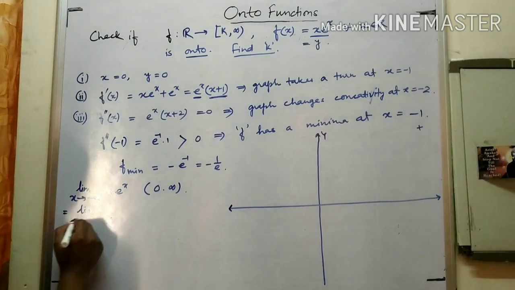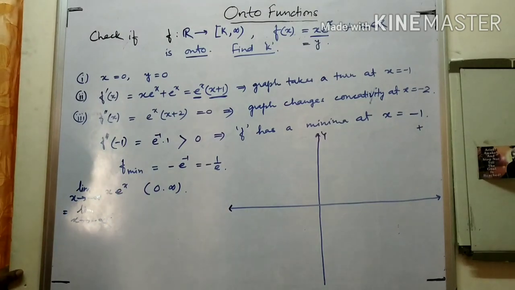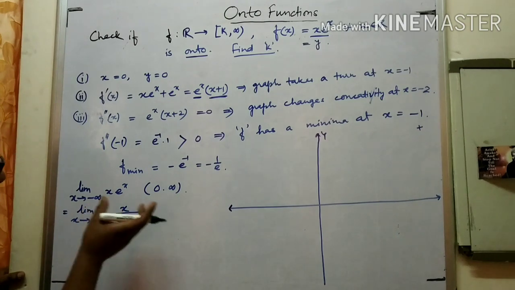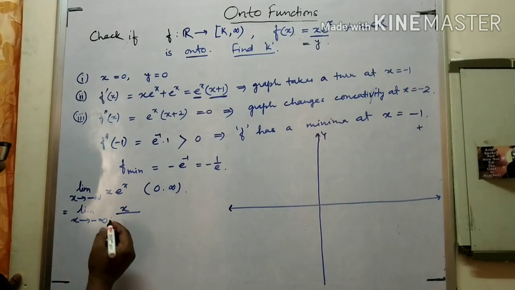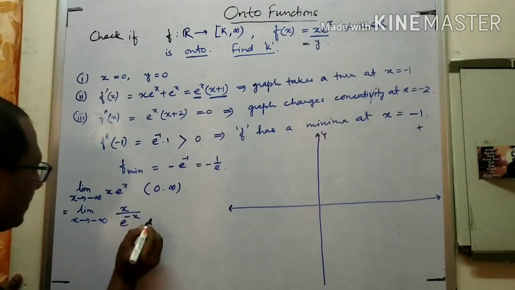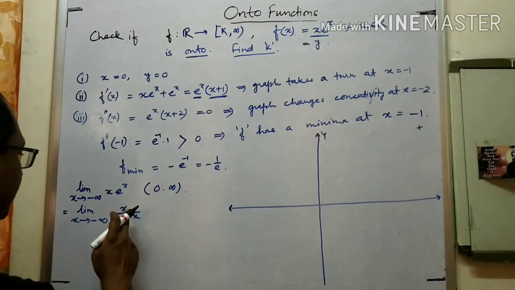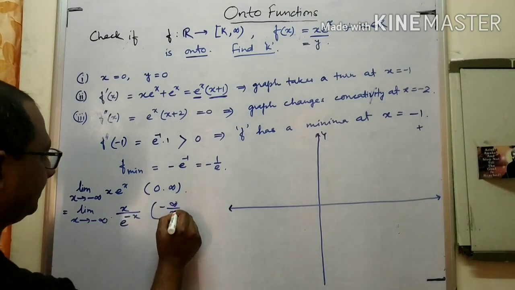How will we do this? We'll try to change it into infinity by infinity or 0 by 0 form so that we can use L'Hopital's rule. So x e to the power x, I'll write as x by e to the power minus x. So it will become minus infinity by infinity form.